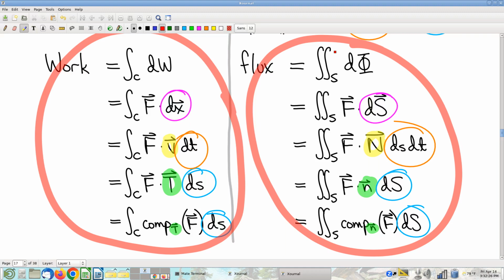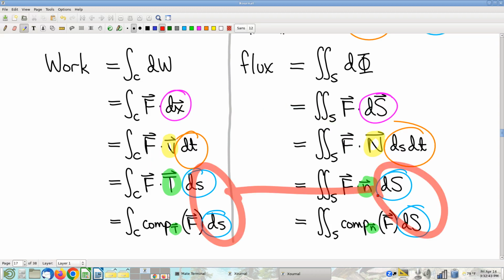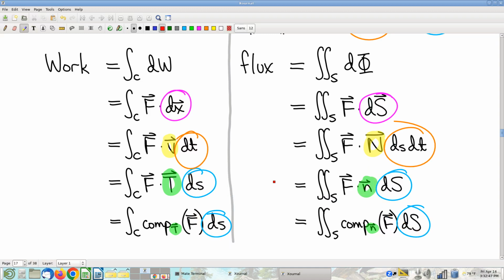Again, I took the liberty of color coding in advance, but you see the role that velocity plays, the role that capital N plays. It's the same role, right? And likewise, the ds scalar, the d capital S scalar, analogous, and et cetera, et cetera.